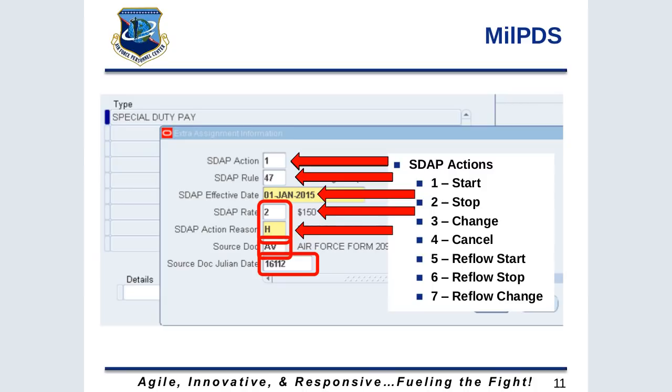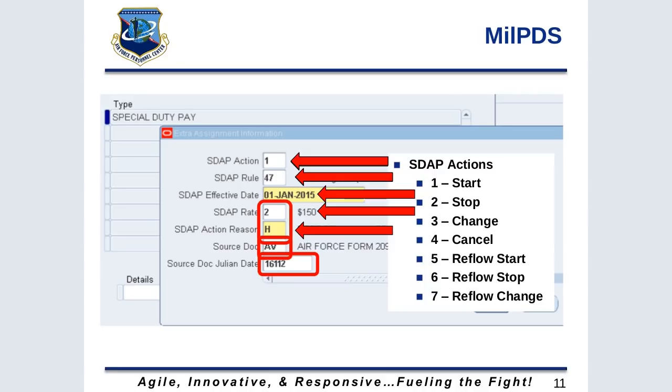The source doc Julian date is the date the commander or authorized representative approved the request on the Air Force Form 2096. Please ensure the proper Julian date format is used. Example, commander signed Air Force Form 2096 on 3 February 2018, then the Julian date would be 18034.